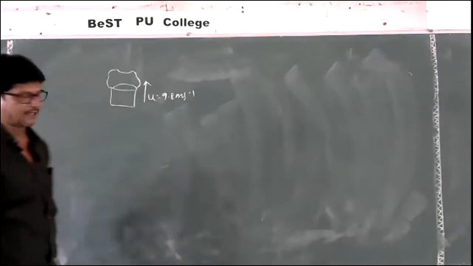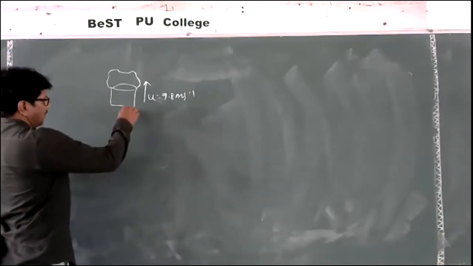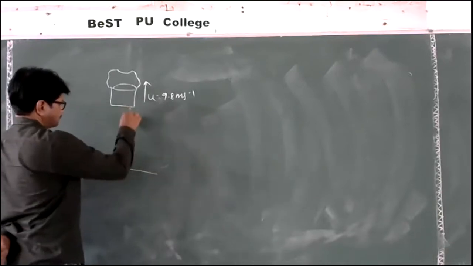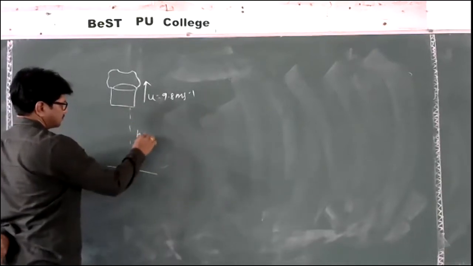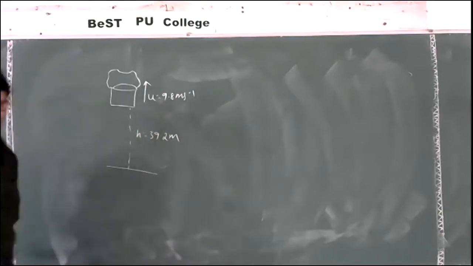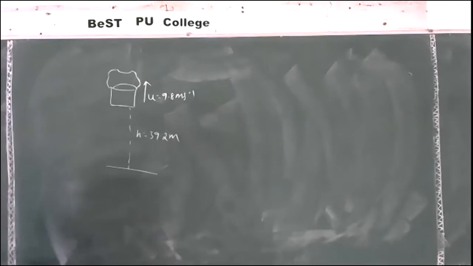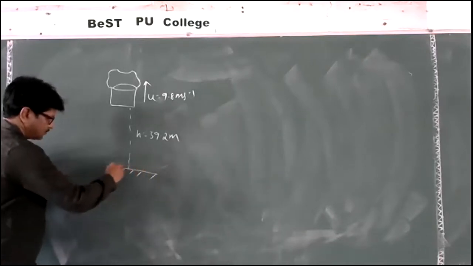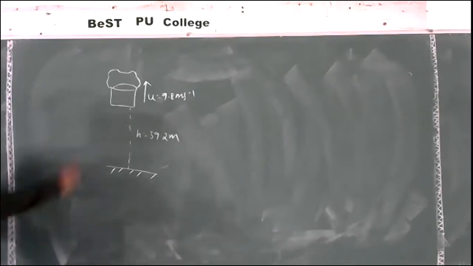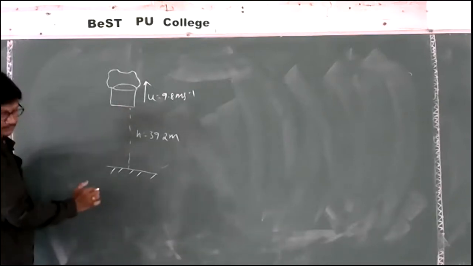When the balloon is at a height of 39.2 meters from the ground, a body is dropped.